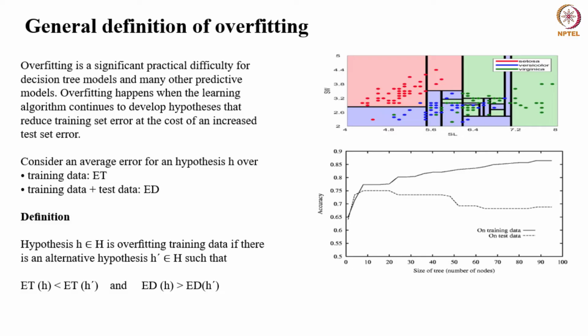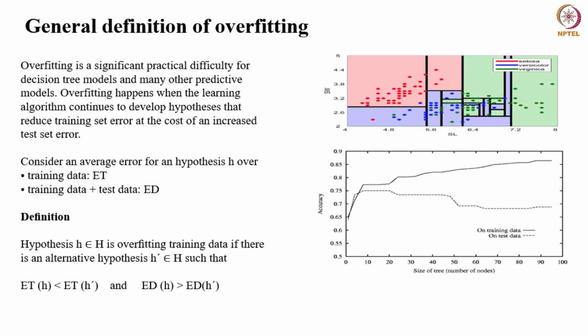So we define overfitting in the following way. If we have a hypothesis, H, we say that this hypothesis is overfitting the training data if ET of H, which means the training data error for this hypothesis, is less than ET for some other hypothesis, H', but the ED of H, the error for test data, is larger than the ED for that other hypothesis.